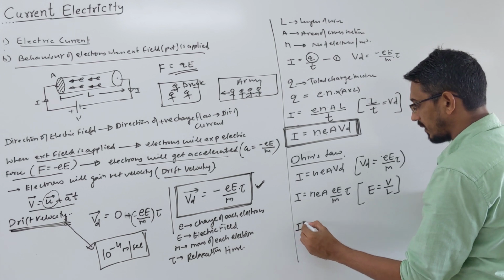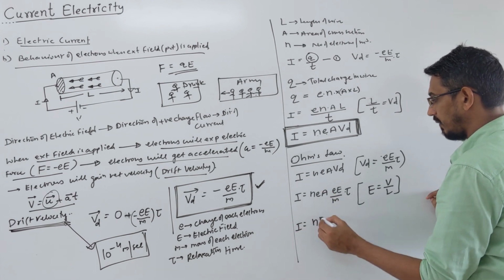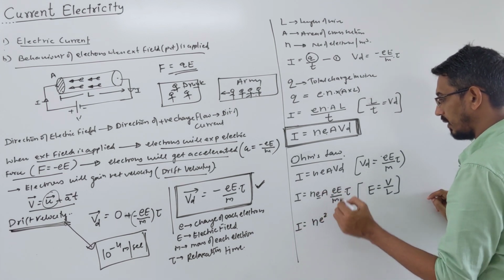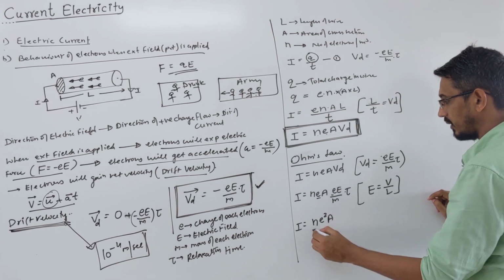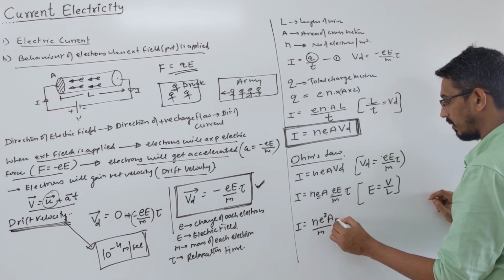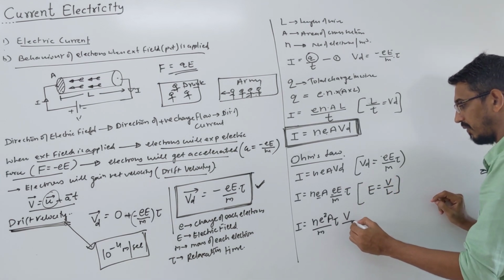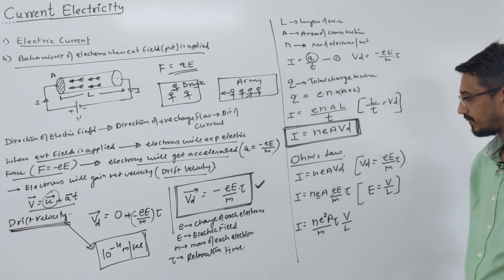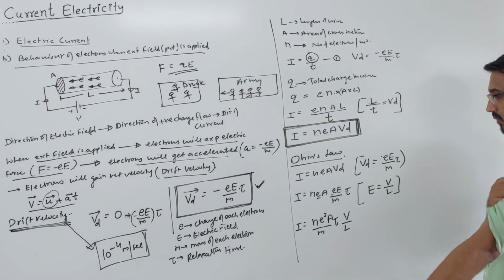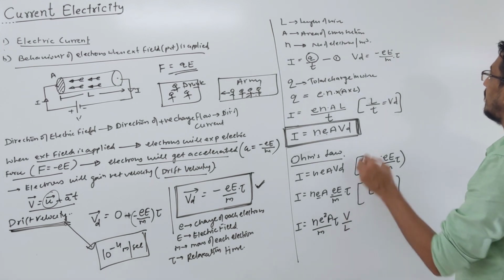Let's replace it here. So look here, current is equal to n e squared A tau over m, there is one e here, the area, this is m, and tau is there. Electric field is potential by length, so V by L, correct? Now I'm just rearranging this formula.